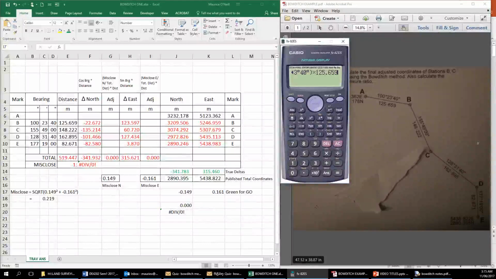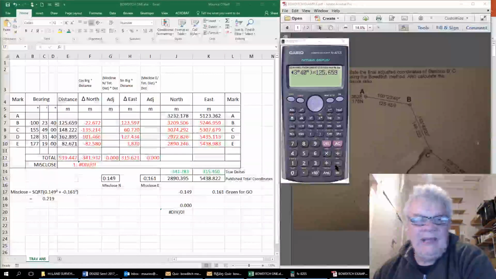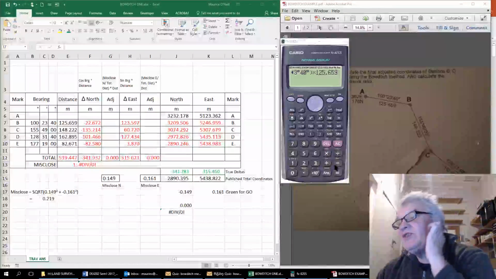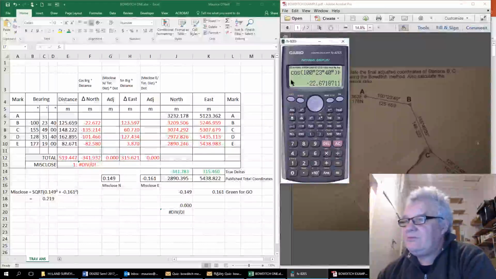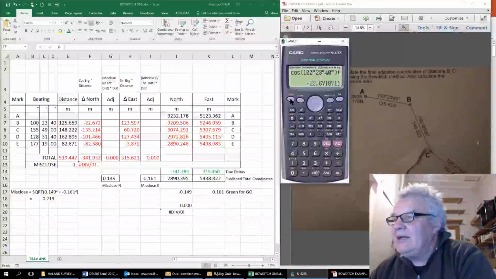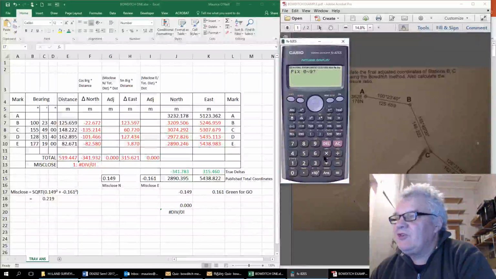125.659, like that. Okay, and you can have a picture of me there for a little while. And you go equals, shift mode 6, which is fix 3.